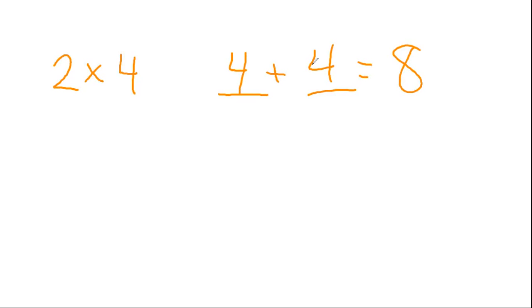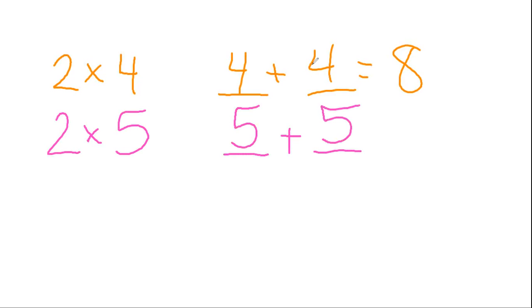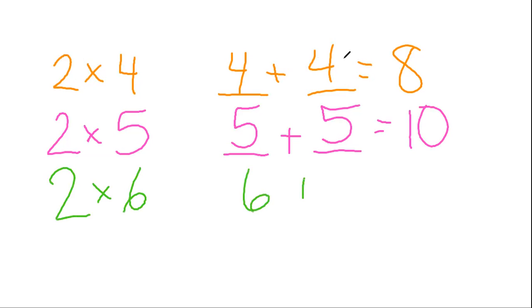Okay, now let's look at another one. If I do 2 times 5, addition sentence, 5 plus 5 equals 10. Let's continue that pattern. Two groups of 6. 6 plus 6 equals how many altogether? 12.